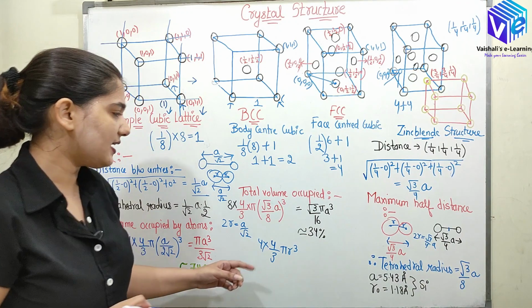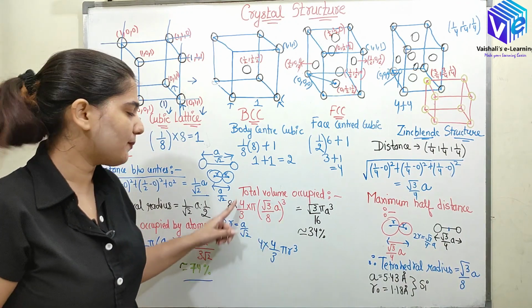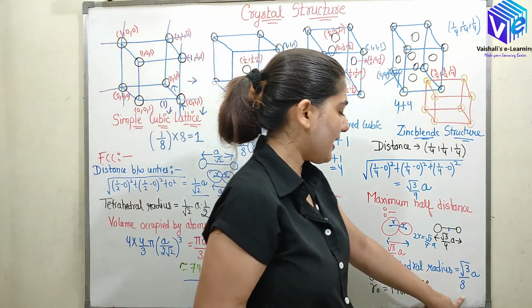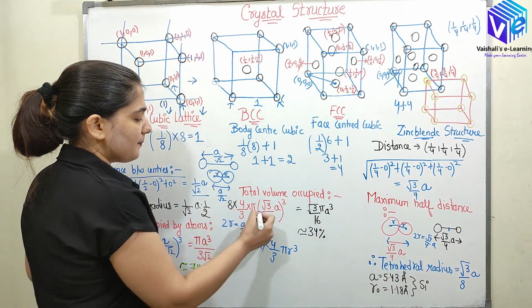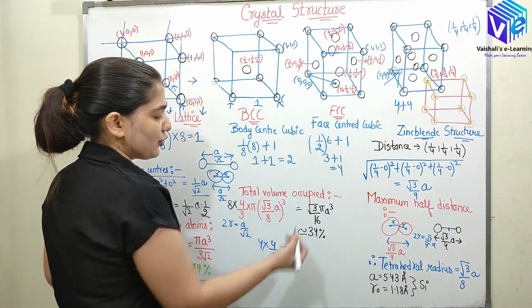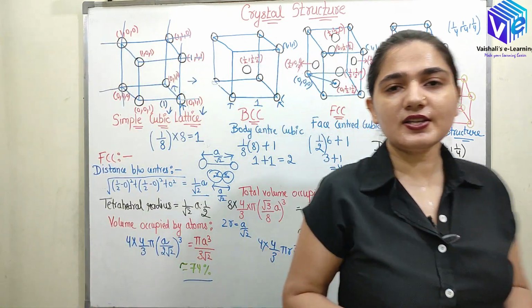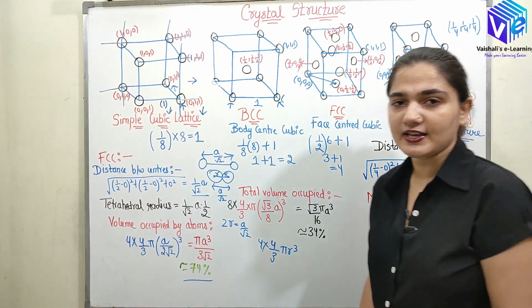So I have multiplied 8 with the volume occupied by one atom, which is 4 by 3 pi r cube, where r is under root 3 by 8 a. So 8 into 4 by 3 pi into under root 3 by 8 a cube. So this is under root 3 pi upon 16 a cube, which, if I find out in the percentage, is nearly equal to 34%.